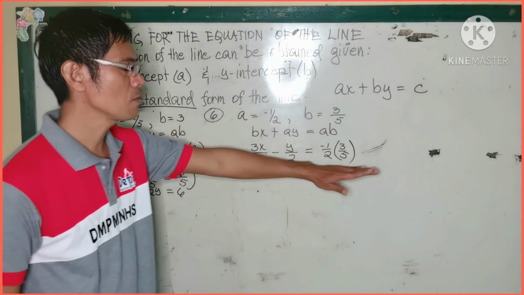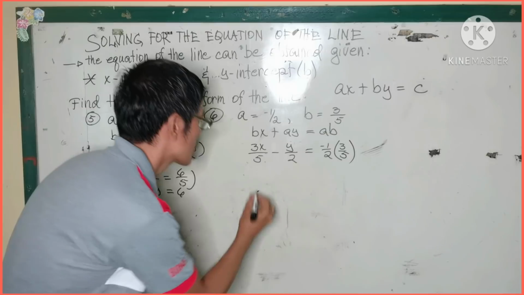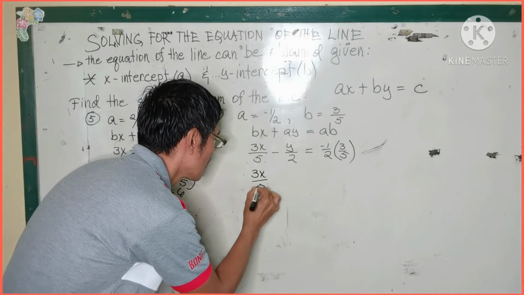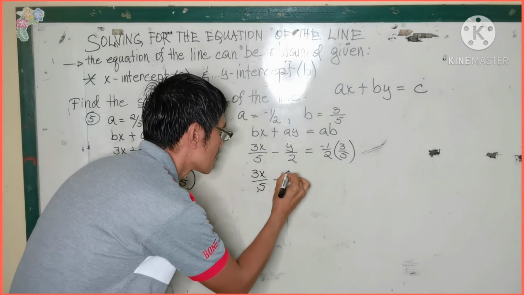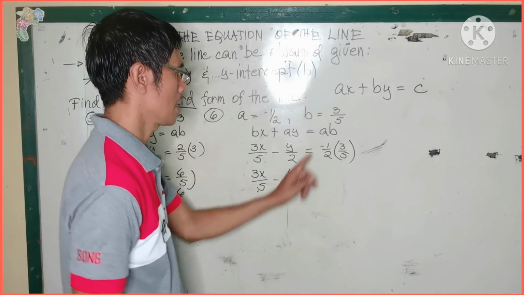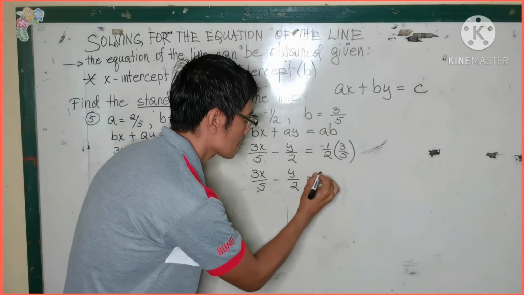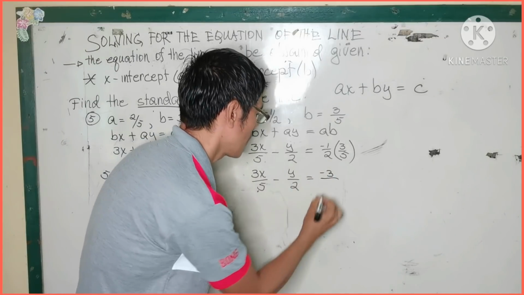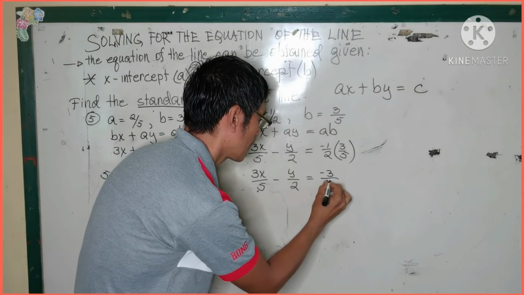Okay, let us simplify c first. So that is 3x over 5 minus y over 2 equals negative 1 times 3 is negative 3 over 2 times 5 is 10.